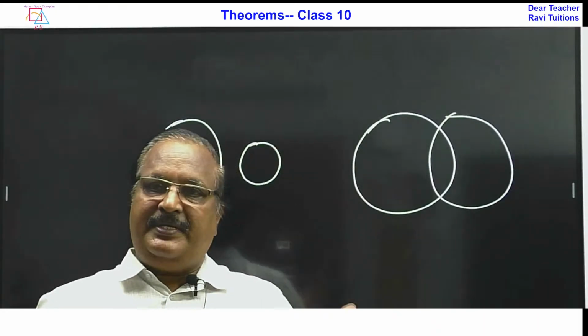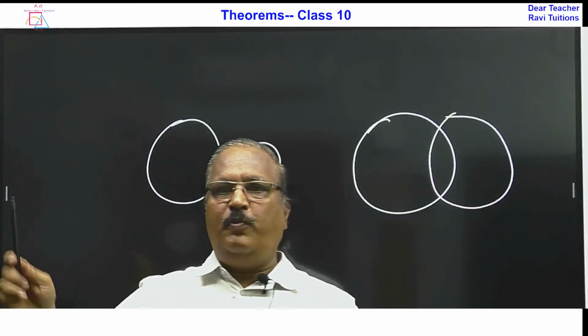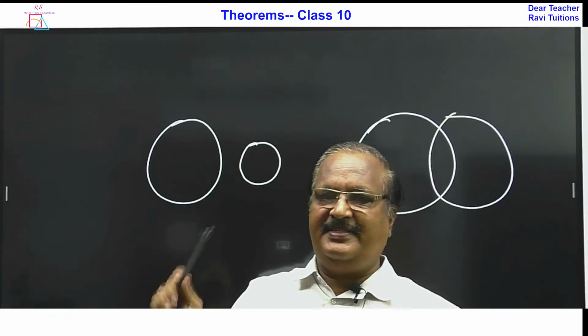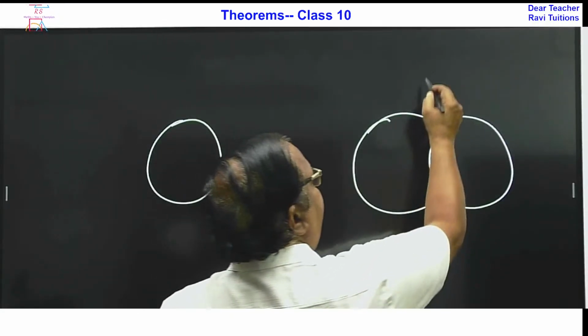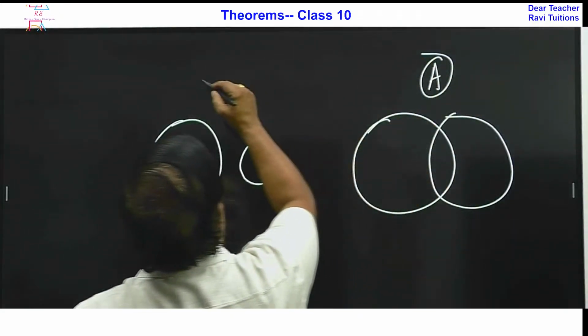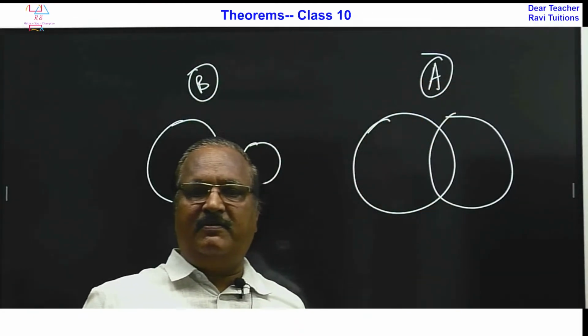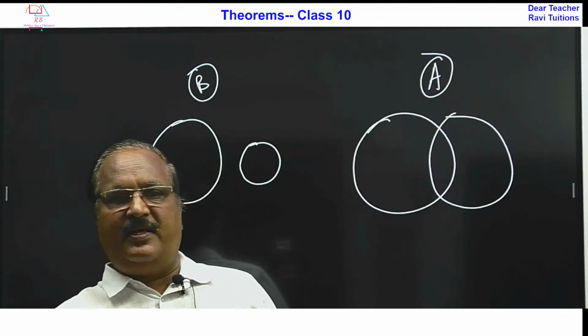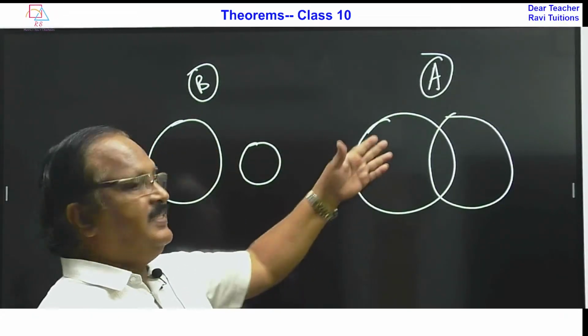So then what happens? How many common tangents can we draw in this case? Can anybody give? Let me say this is A and this is B. Case A, how many tangents can be drawn? Can anybody give me the answer?